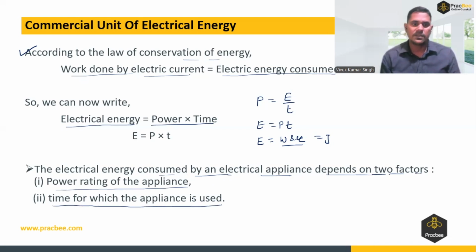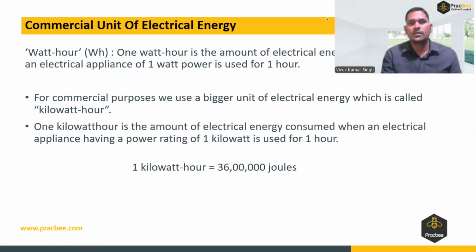A higher power rating means it will consume more power, and if you use the appliance for the long run, then also it will consume more energy. 1 watt hour is the amount of electrical energy consumed when an electrical appliance of 1 watt power is used for 1 hour. For commercial purposes, we use a relatively bigger unit.